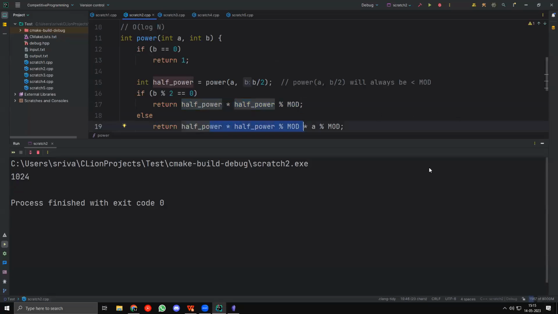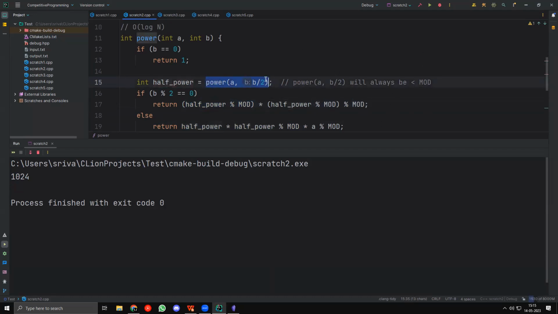Akash is asking, can we also take half power modulo mod into half power modulo mod? This is completely fine, Akash. You can also do this in the second statement, obviously. But this is pretty unnecessary. We already know that half power will be less than mod because power of a comma b by 2 will always return a value that is already taken modulo.